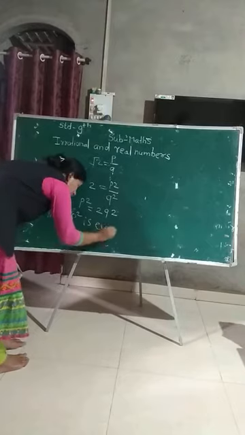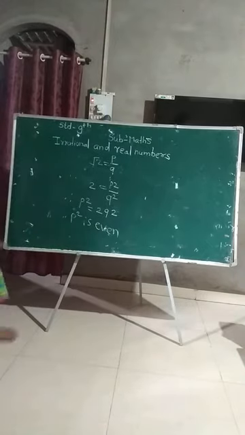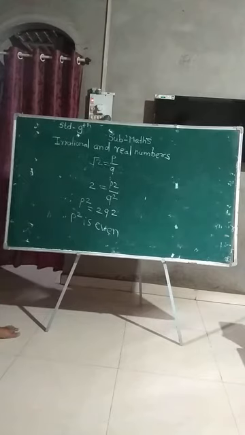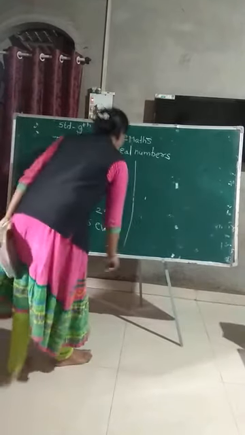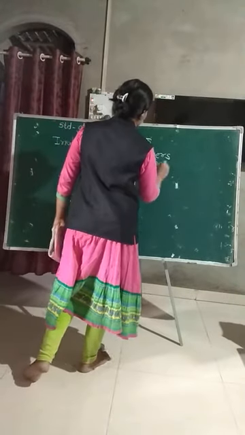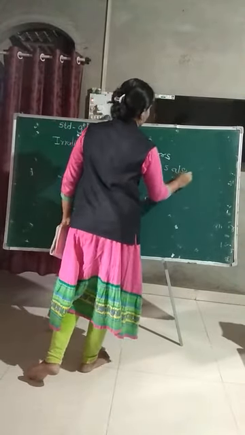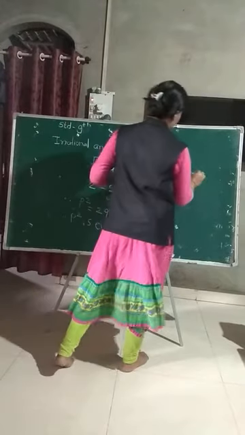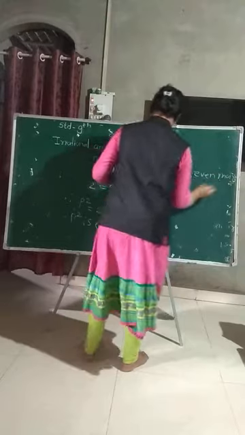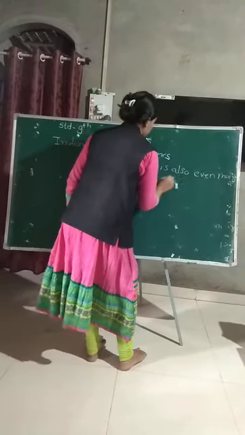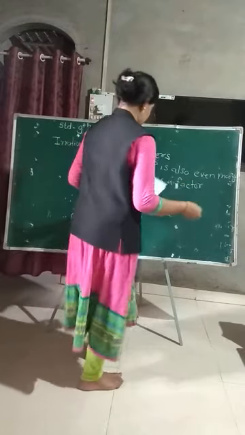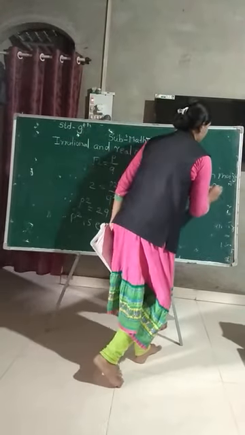If p square is even, then absolutely p is even. Therefore p is also even, meaning 2 is a factor of p.